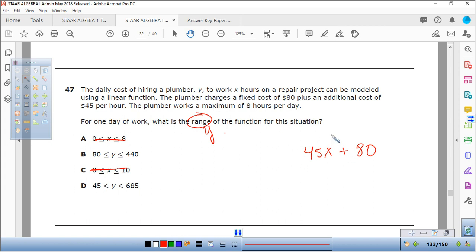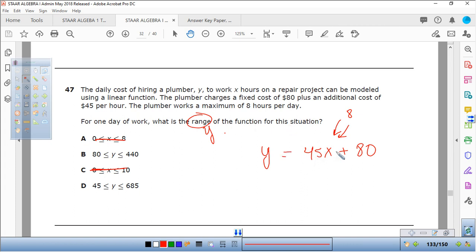And then right here, the plumber works a maximum of 8 hours per day. So this is the cost, right? The y. 8 is kind of the max, okay? For 1 day of work, what is the range of the function of this equation?